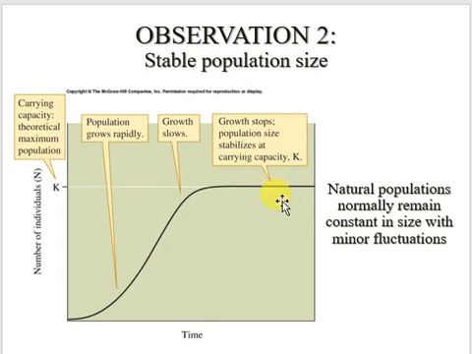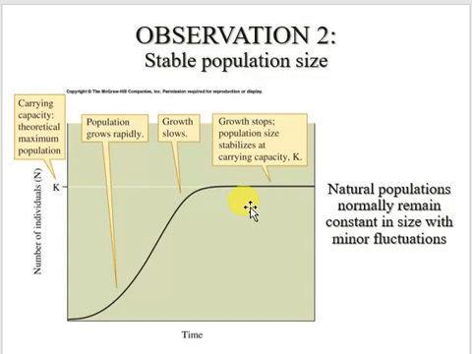That's kind of the environmental limit for the number of individuals that can be held in a healthy population for a given environment. Now, there are a number of factors that act as kind of checks and balances to maintain a stable population size.